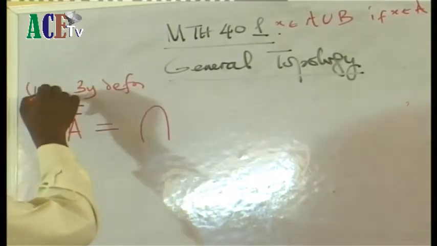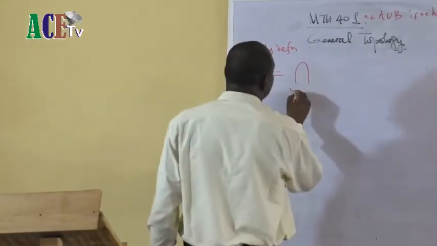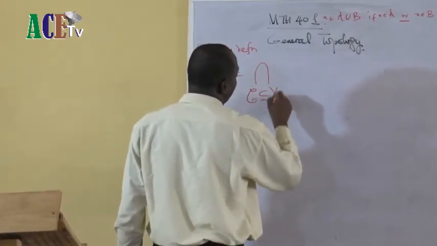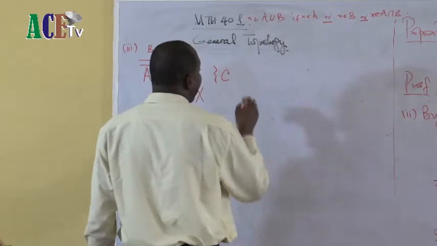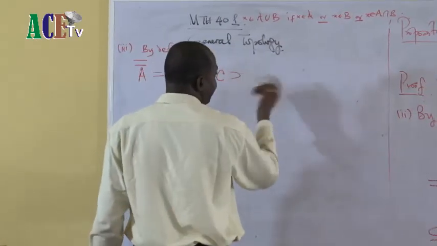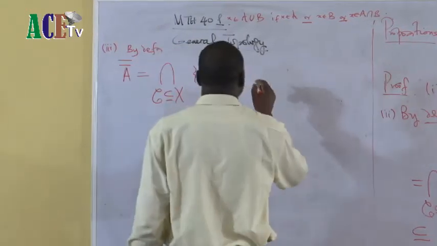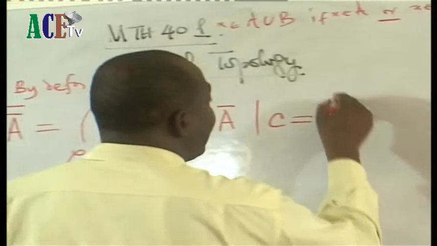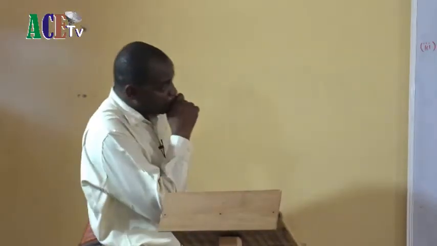By definition, this means the intersection over all closed subsets of X such that the closed subset of X contains A bar, which is the closure of A, where C is equal to X take away the open set. All right. By definition.